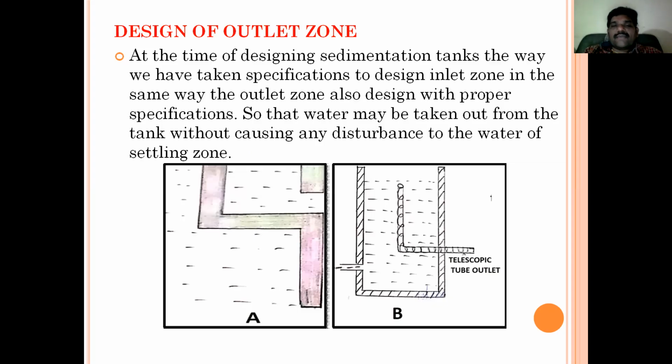See here, this is model A, and next one is model B. The water must be taken off without creating any disturbance to the settling zone. See here, this is the inlet, and the water will be taken off through a telescopic tube outlet. Through this outlet, the water will be taken off from the outlet zone.